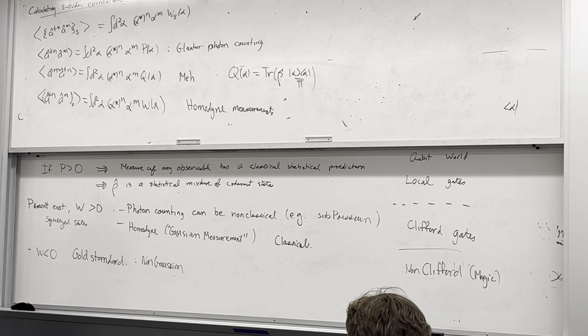The problem is the following. One version of it: I have some set of multiple modes, and I'm going to have some unitary that acts on those modes. Then I'm going to have the modes come out, and I do some measurement.